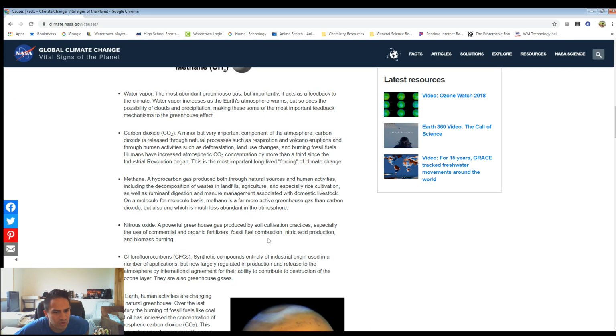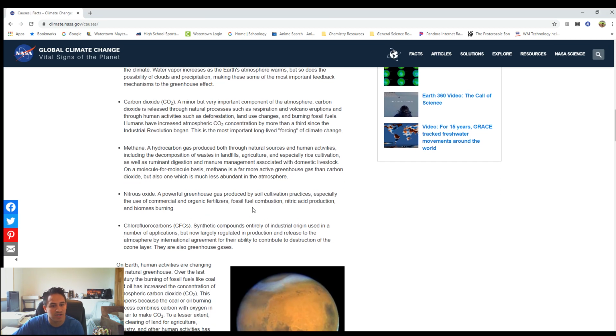And it says, a powerful greenhouse gas produced by soil cultivation practices, especially the use of commercial and organic fertilizers, fossil fuel combustion, nitric acid production, and biomass burning. So all of these things are human things, right? Soil cultivation, we cultivate the land. Organic fertilizers, humans use fertilizers. Fossil fuel combustion, humans burn fossil fuels. Nitric acid production, that's done by chemical companies.